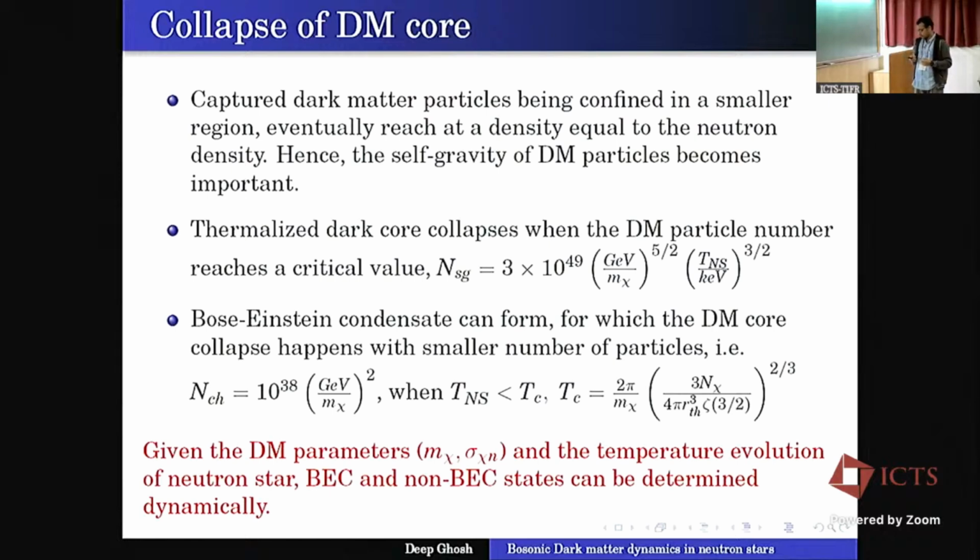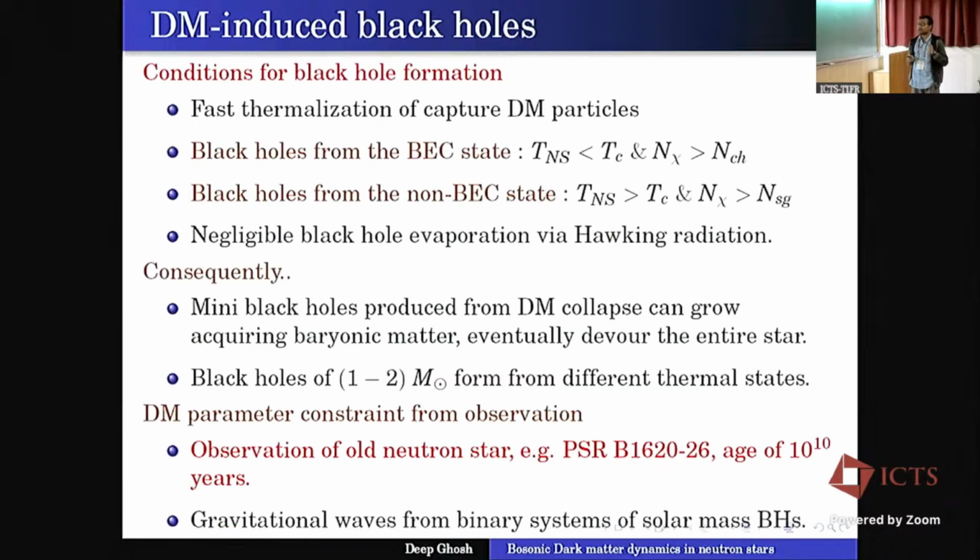So now, after this dark matter core collapse, many black holes form inside the neutron star, but to form that we have to satisfy these conditions: we need thermalization of the captured dark matter particles, and if it is a BEC state we have to satisfy this condition, or if it is non-BEC then we have to satisfy this condition.